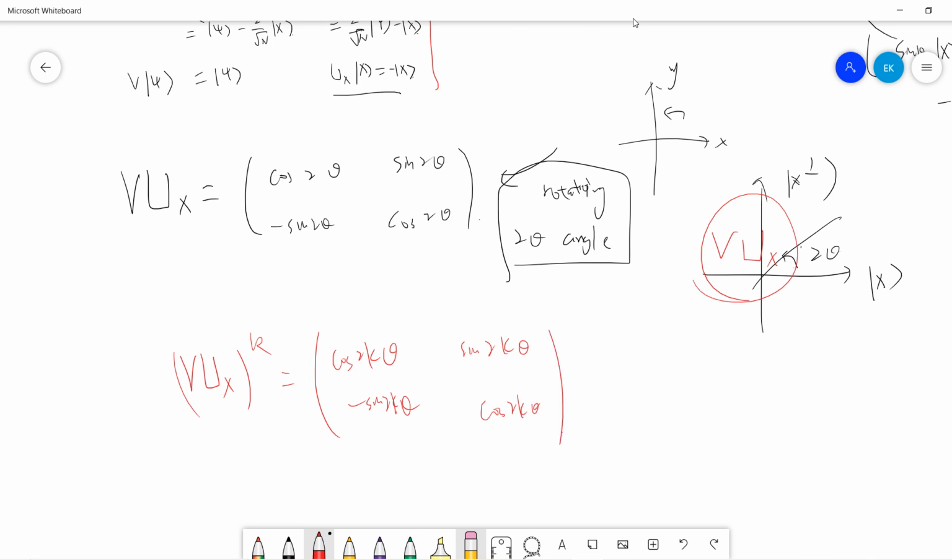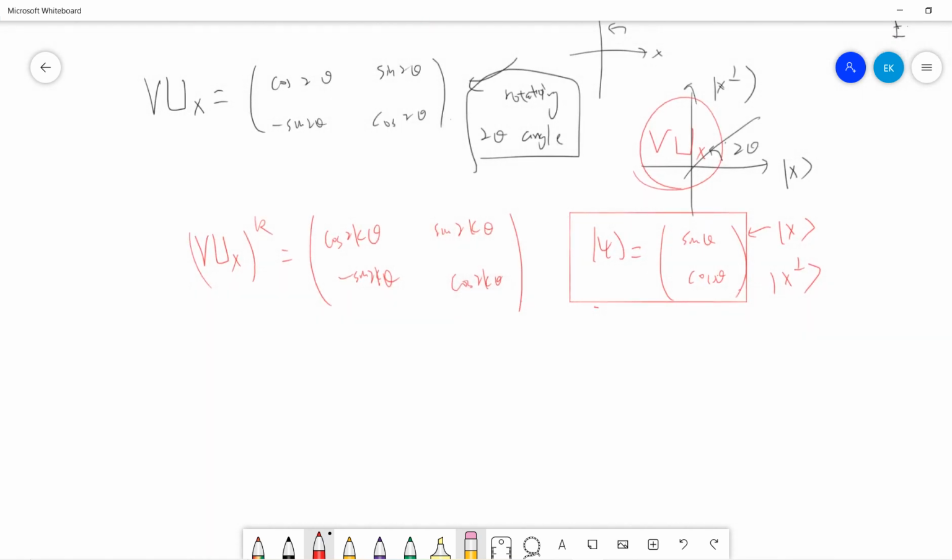Okay, so our starting point phi in the x basis is just sine and cosine, right? Because the first component is x, the second component is x complement. So now everything is clear.